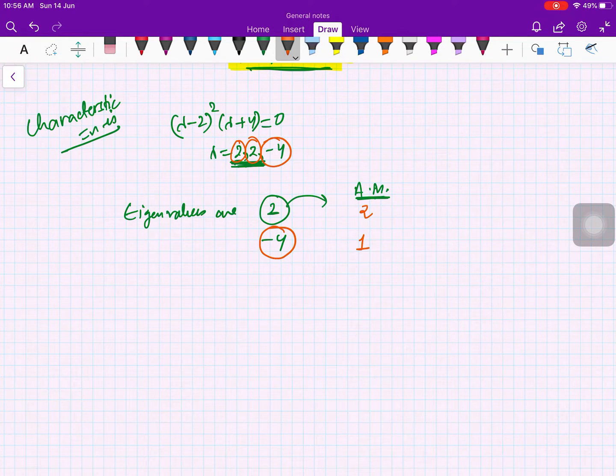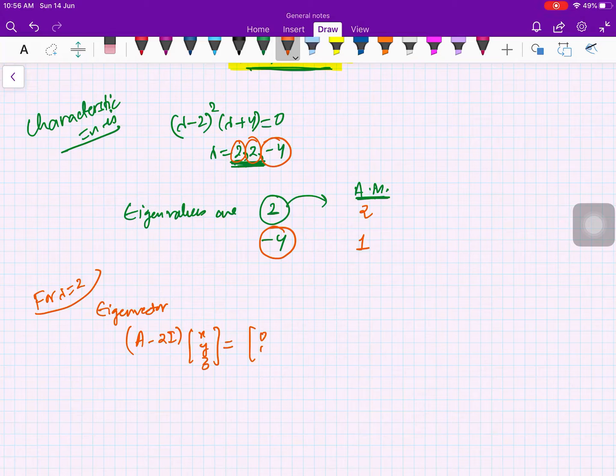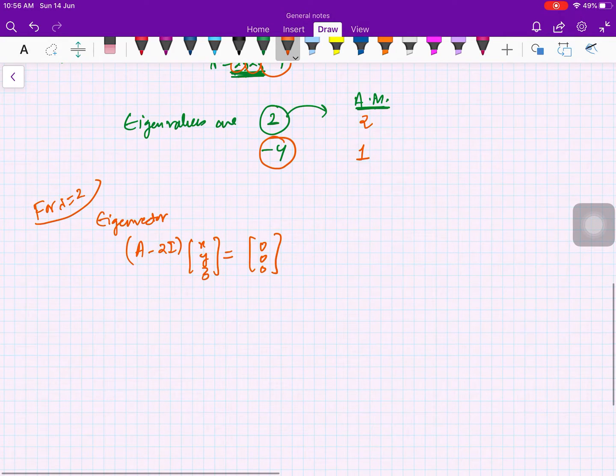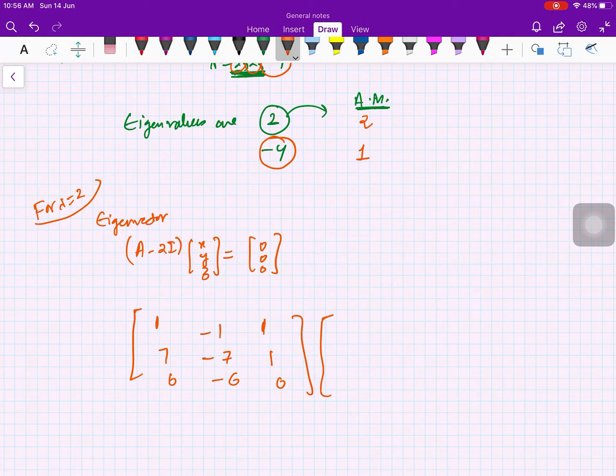Now to check if the matrix is diagonalizable or not, we need to compute the geometric multiplicities. Geometric multiplicity is the dimension of the eigenspace corresponding to the eigenvalue. So for lambda equal to 2, to compute eigenvectors, we need to find the solution of the system A minus 2I times x, y, z, because we have a 3 by 3 matrix, equal to 0, 0, 0. You will get 1, minus 1, 1, then 7, minus 7, 1, and then 6, minus 6, 0.